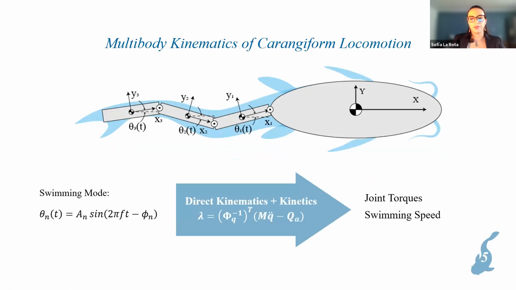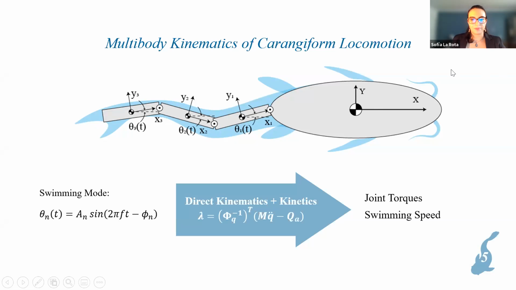So for this study, the fish as a multi-body mechanism was analyzed like a direct kinematics and kinetics problem, in which a piecewise tail with N foils was assumed to have an imposed motion consisting of sinusoidal movements with characteristic amplitudes, frequencies, and phase shifts.